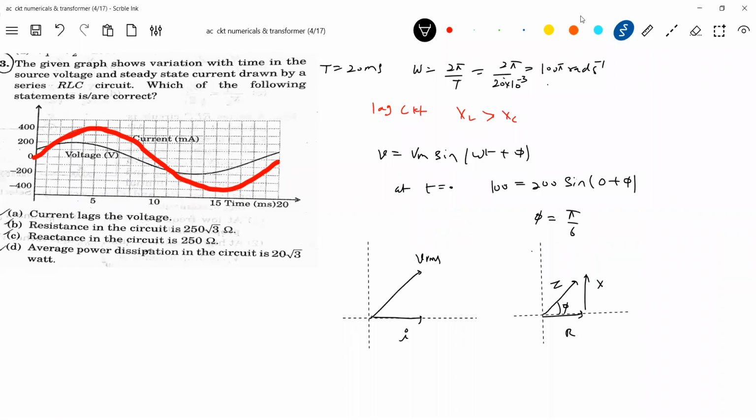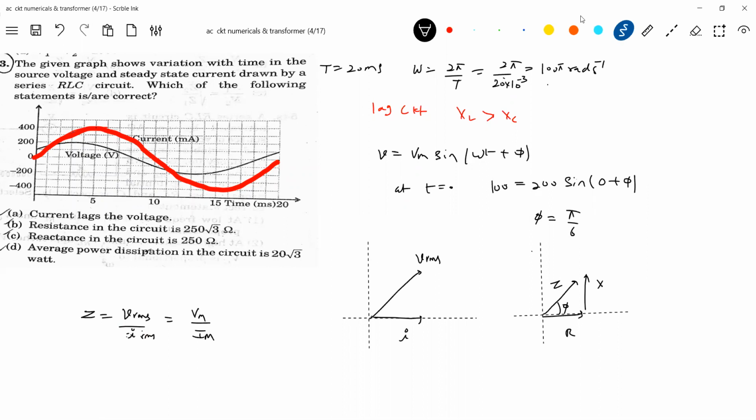So again, what is R? We know the phase angle. Can we calculate the impedance of the circuit? Impedance is what? VRMS by IRMS. We know VM and we know IM also. So impedance, I can write as VRMS by IRMS or VM by IM.